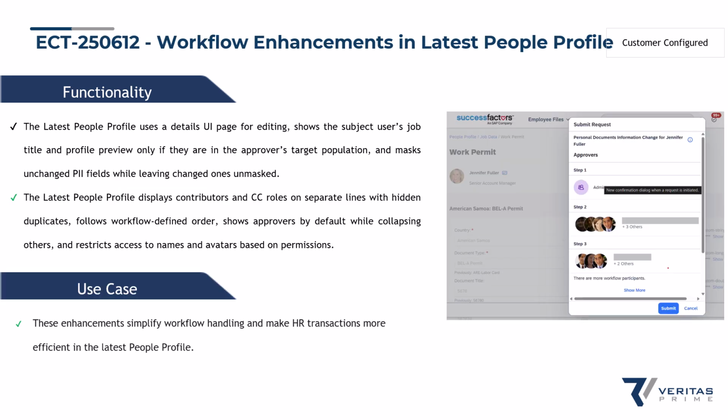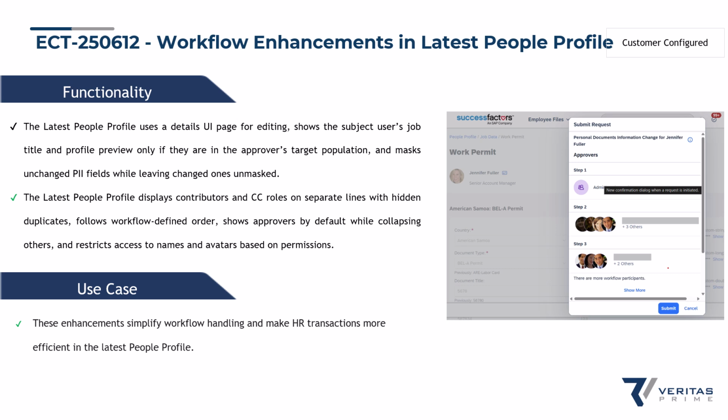Workflow enhancements in latest people profile. The latest people profile uses a details UI page for editing, shows the subject, user's job title, and profile preview only if they are in the approver's target population, and masks unchanged PII fields while leaving changed ones unmasked.